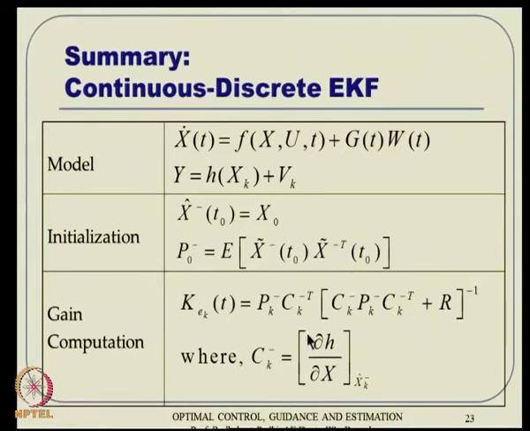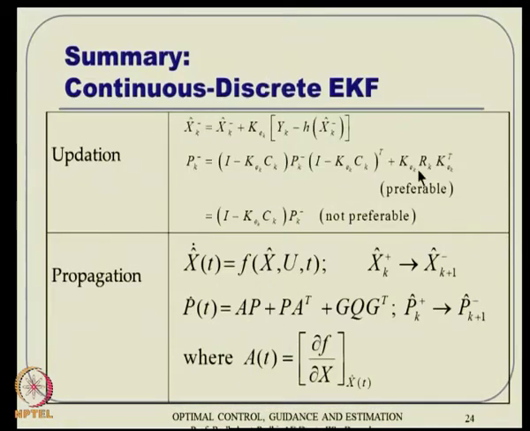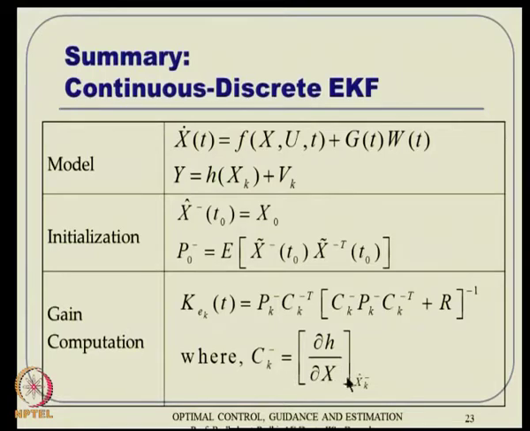Wherever there is a measurement, we quickly compute ck minus first, then quickly compute the Kalman gain using this ck minus, and then we compute this. Now, the moment we update x hat k plus, we have updated this value to this value. Now, the moment we update this, we can again evaluate it about that value. Why operate based on a previously predicted value? We do not have to do that.